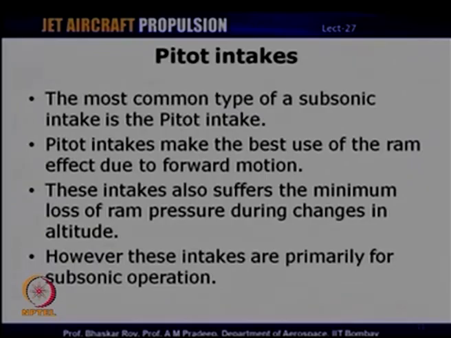But of course, these intakes, like the one which I had shown earlier, are meant primarily for subsonic operation, because for an efficient operation of these intakes, it requires that the leading edge is smooth and has a certain curvature, which is not something that would be desirable for a supersonic flow, which is why these types of intakes are used primarily in subsonic flows.